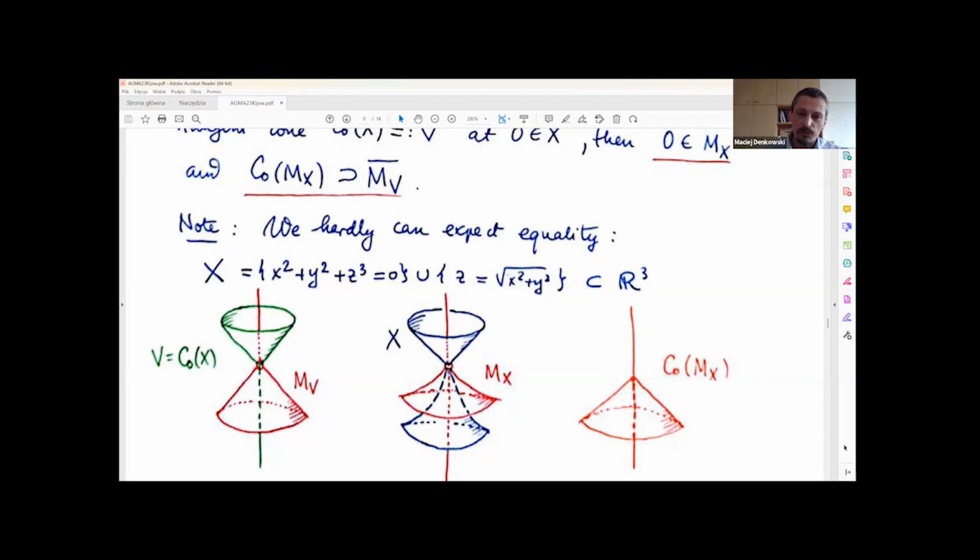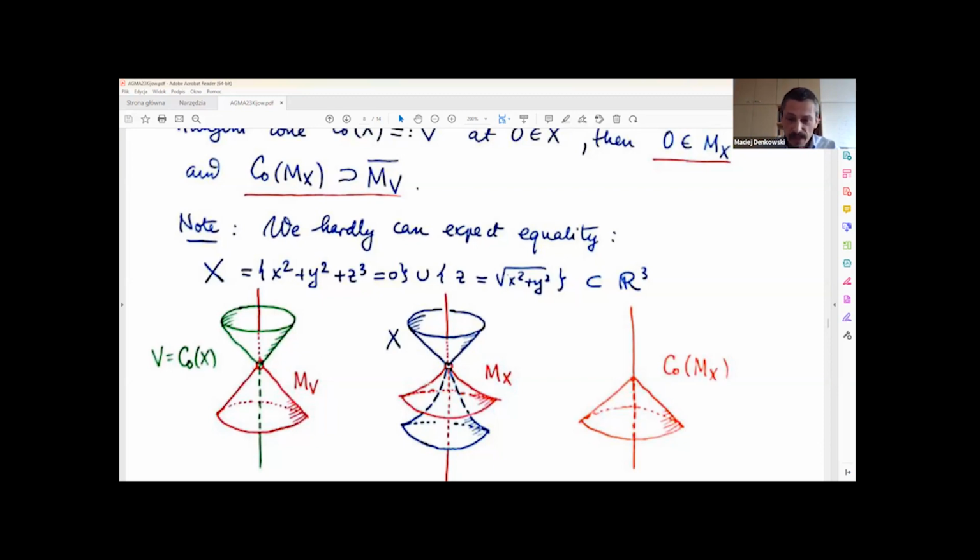So we have to first look at the tangent cone in green, and construct the medial axis of it. The medial axis is just the axis for the upper part and a dual cone, actually, without the vertex.